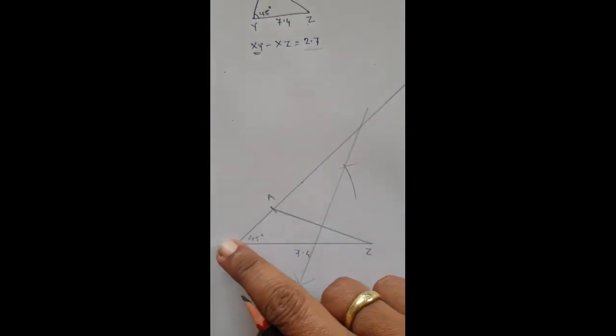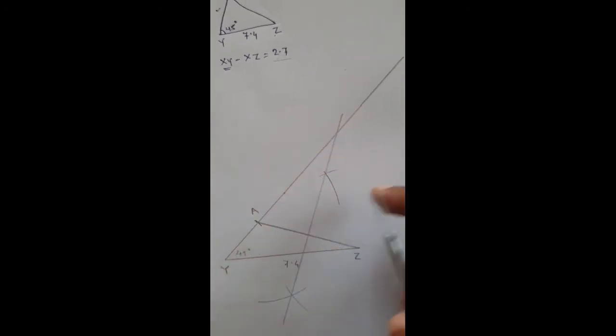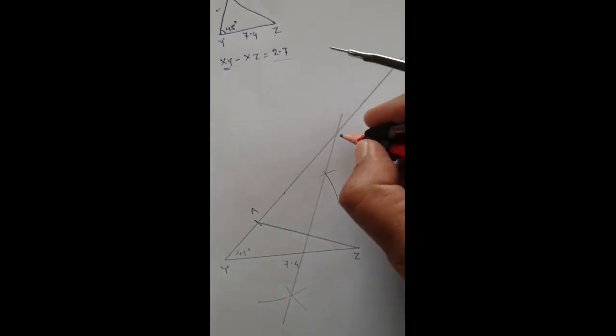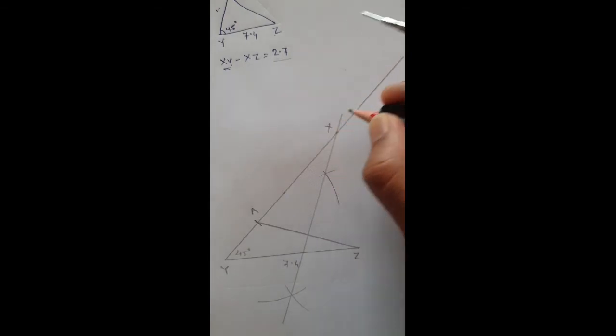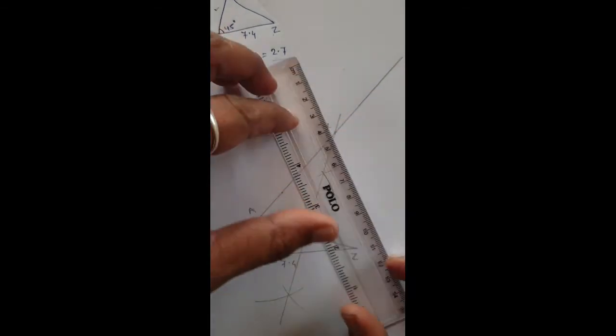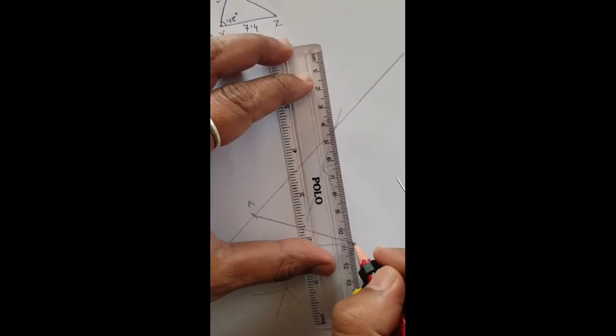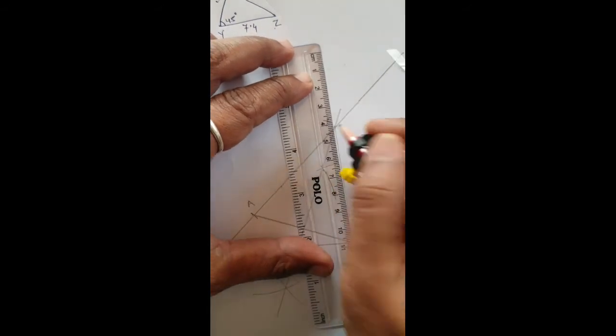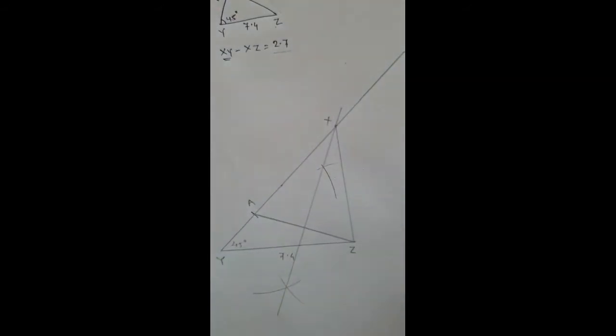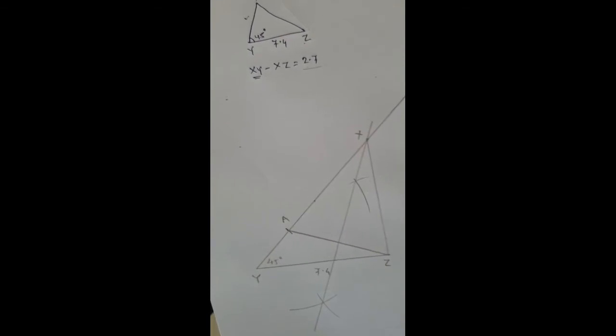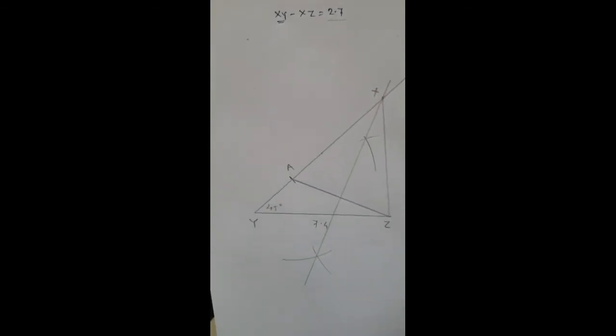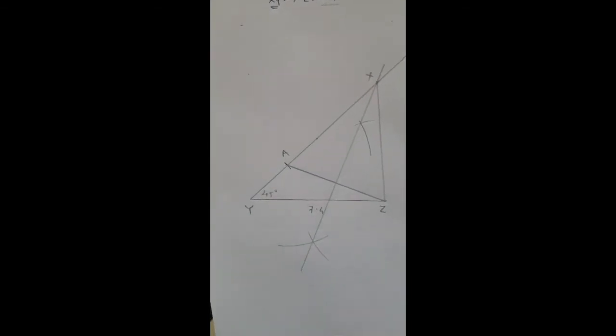Extend it where it intersects the ray which you have drawn making 45 degrees with YZ. That point will be called X. So join XZ. That is your second triangle. XYZ is your required triangle.